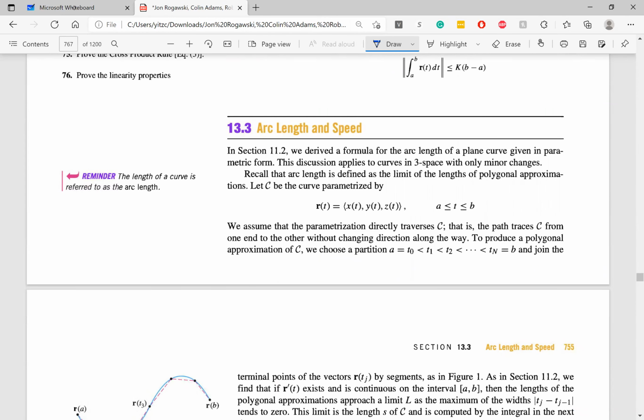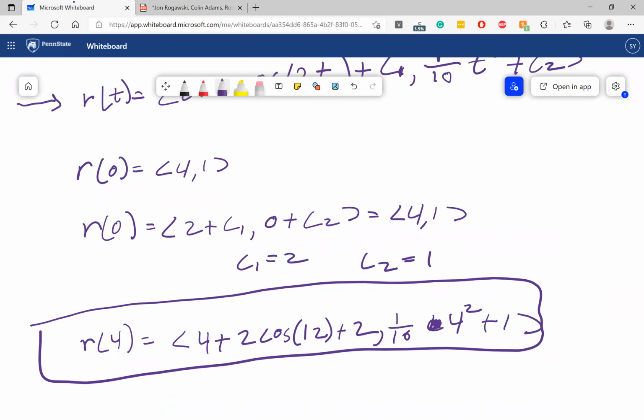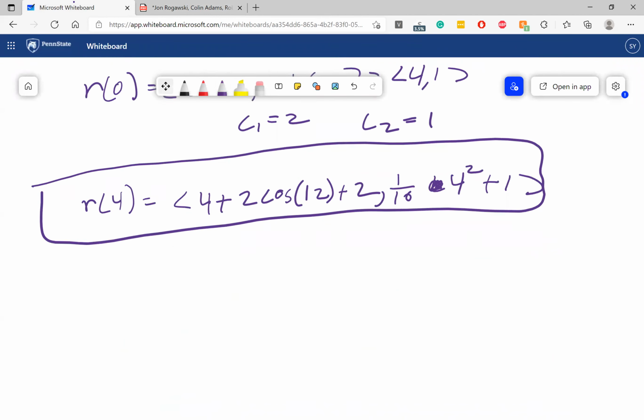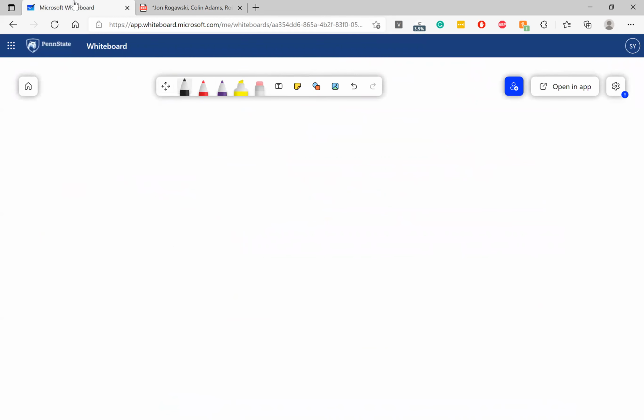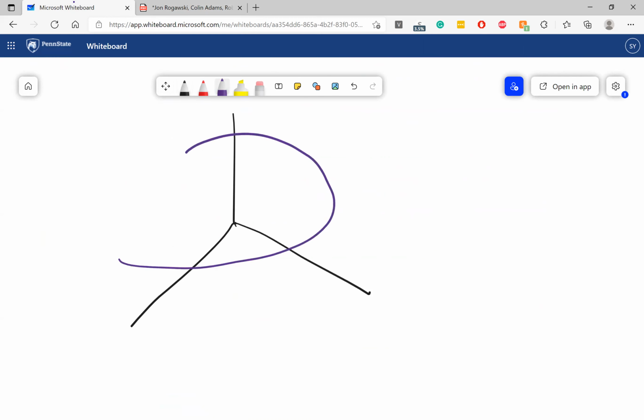So the next thing that we want to be able to do is find the length on your curve from one point to the other. So here's your curve. We want to go to one point here.